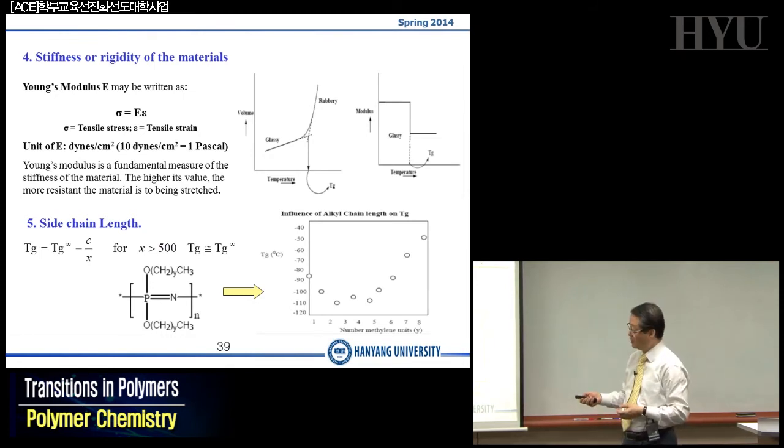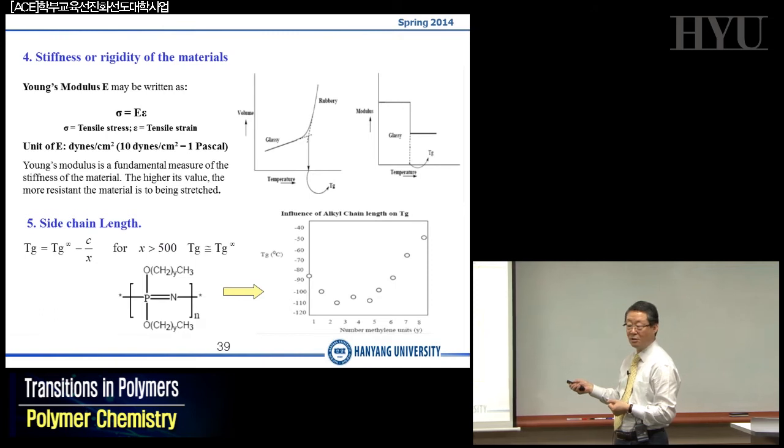You can put a methyl group here, ethyl group, propyl group, octyl group, or benzene ring, phenyl ring, or whatever, or naphthalene rings. And he has many types of polyphosphazenes. Anyway, by changing this side chain length, if you change this side chain length, your Tg increases in many cases.